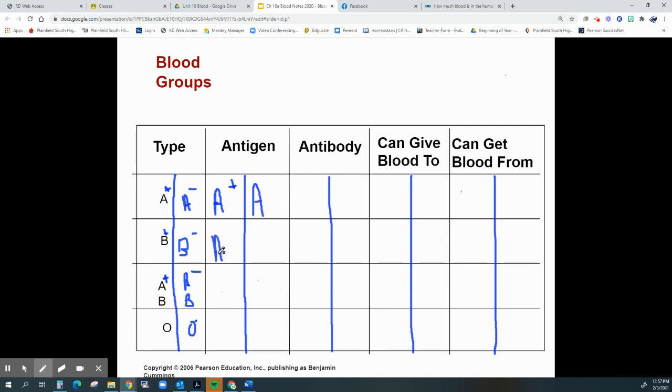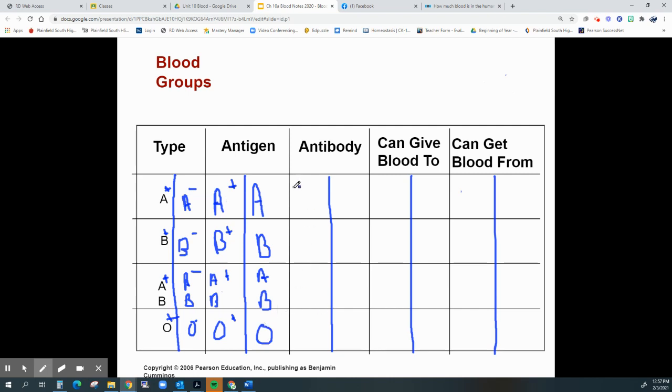This person is going to make B, positive, and then just B with no antigen. This one makes AB, again positive, and then AB with no antigen. This one is O positive, and then O and no other antigen.